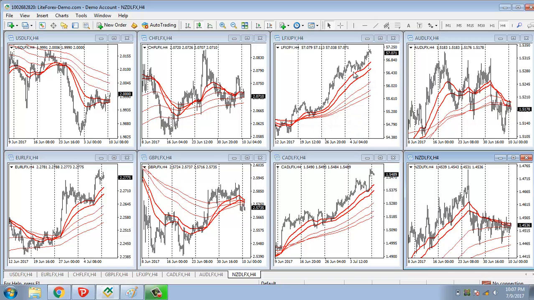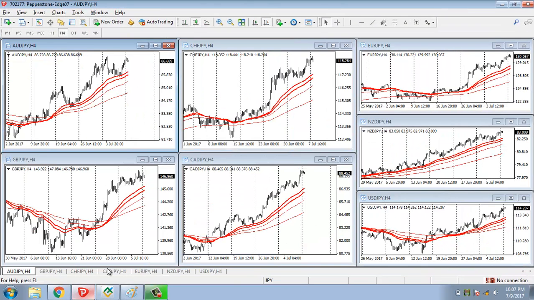Again, I'm saying yen is getting weak. So do you see something here? All yen pairs are moving in the same direction. Aussie yen getting strong, pound yen getting strong, Swiss franc yen, CAD yen, euro yen, New Zealand yen, dollar yen. All the currency pairs are getting strong. What does this basically indicate?